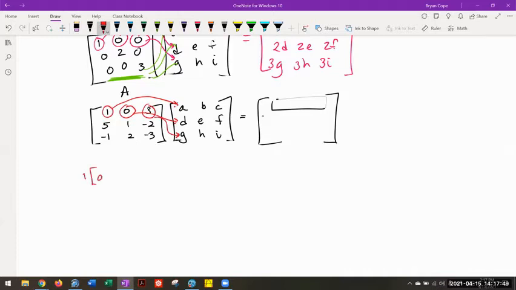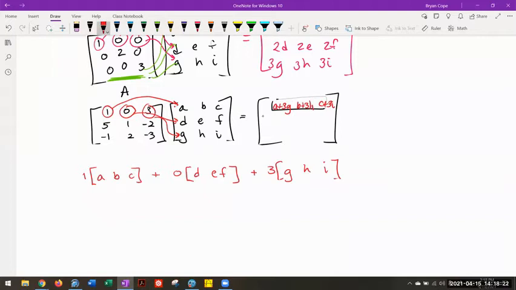It's going to be 1 times ABC plus 0 times DEF plus 3 times GHI. I know that's an odd way to write the row, but it's going to end up being A plus 3G as the first element, B plus 3H as the second element, and C plus 3I as the third element.